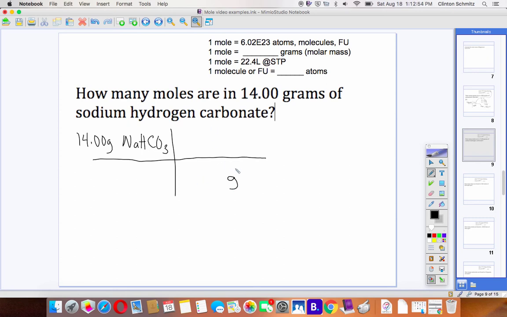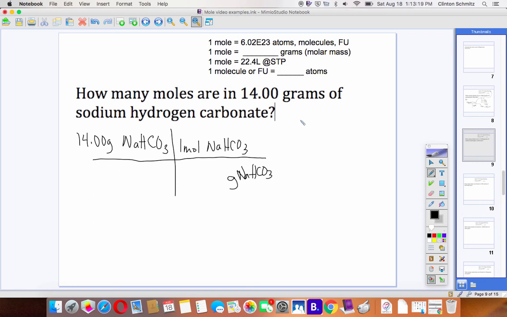And the number that goes with grams is the molar mass, which I don't know yet. I have to add it up. So NaHCO3. And I know up here, if I write grams on the bottom, I got to put what's opposite, moles, on the top. 1 mole NaHCO3. See, one conversion factor goes on the bottom, one goes on the top. You can always tell which one you put on the bottom because of the diagonality rule.